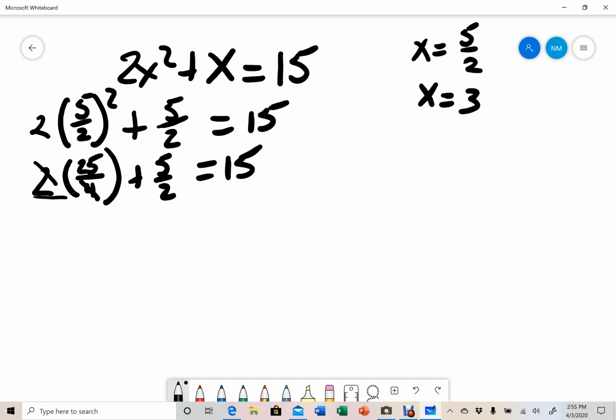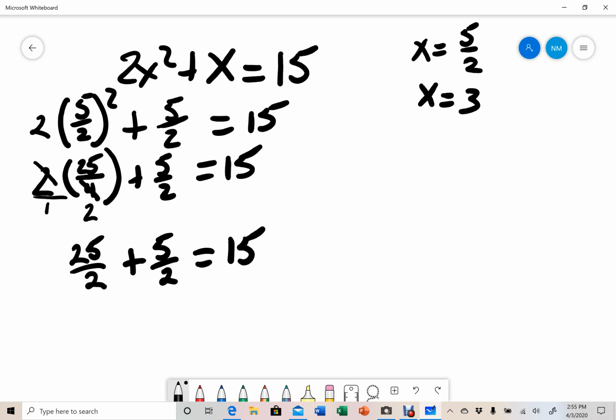Remember, this is just like I had it written over 1, right? We put a whole number over 1, and then we can just cancel out. 2 goes into 4 two times. So now after canceling out like that, I have 25 over 2 plus 5 over 2 equals 15. So this is where I'm at up to this point. Pretty simple.